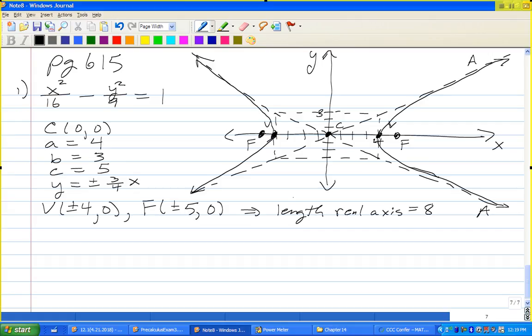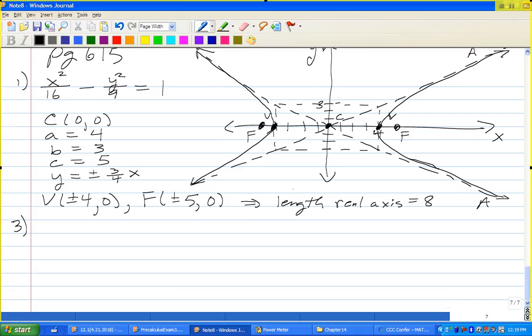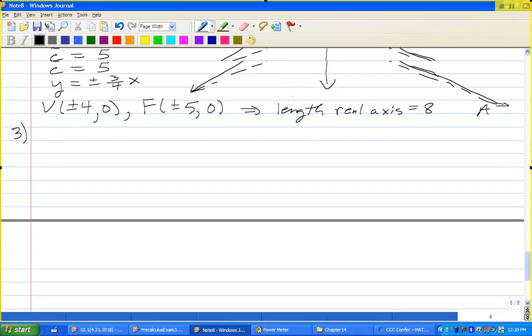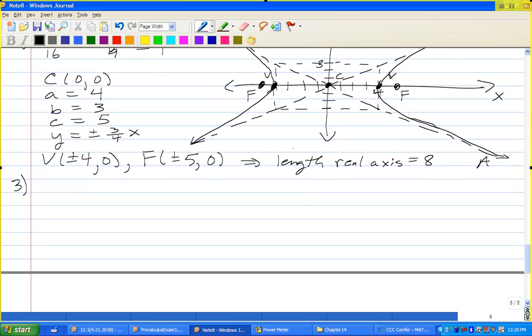Okay, let me do problem 3. x squared over 4, y squared over 9, is equal to 1.